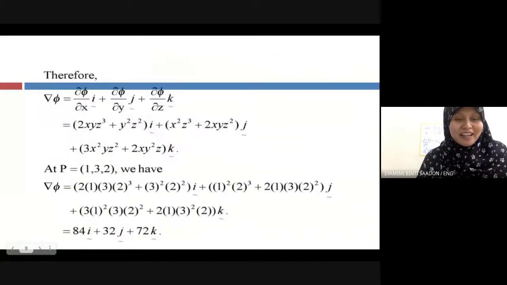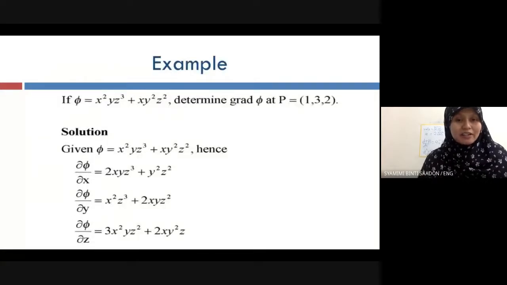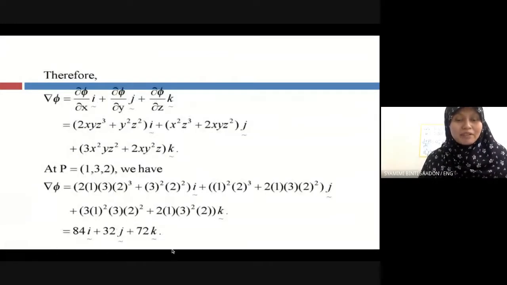Then we rewrite all the components that we have derived, i, j, and k, and substitute at point P(1,3,2): x equals 1, y equals 3, z equals 2. We substitute and get the solution: 84i plus 32j plus 72k. So the answer is a vector in the i, j, and k directions. Initially the function is a scalar with no direction, but the answer has direction.